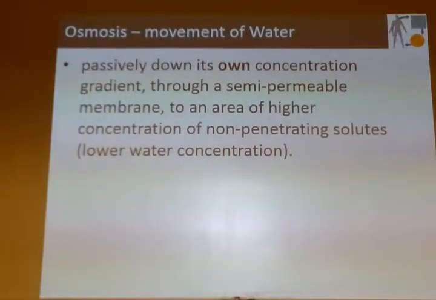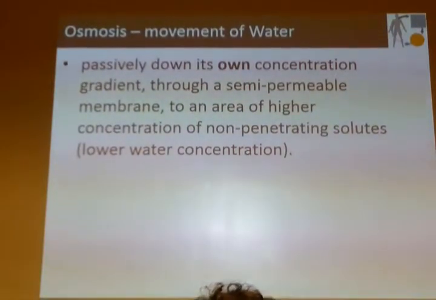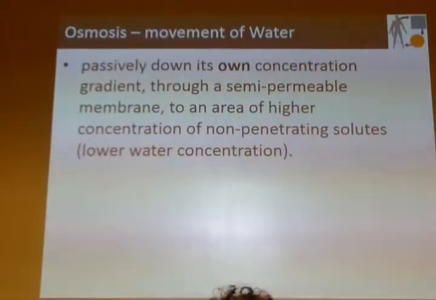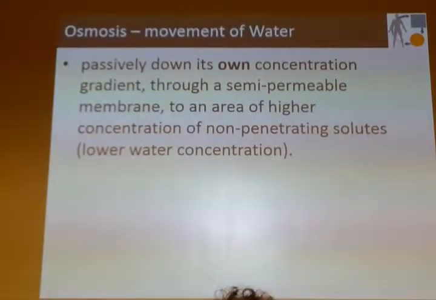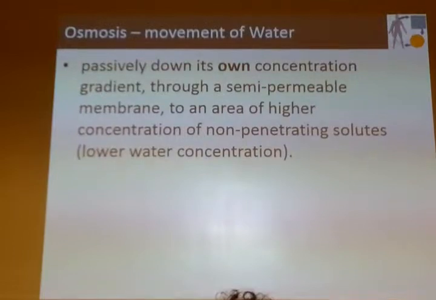So is there a gradient for glucose to enter? Yes. Will glucose concentrations change the 300 milliosmoles here? No, because it's getting converted to ATP. So glucose is acting as though it's non-permeable.